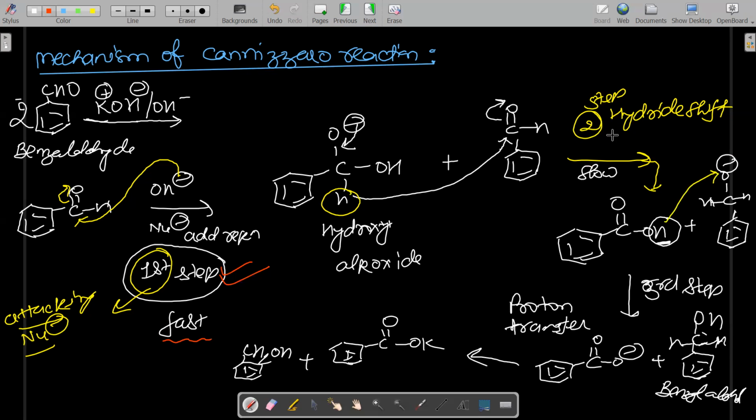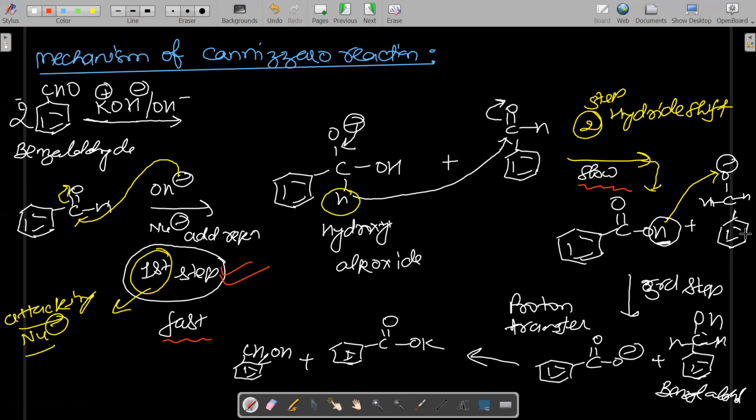The second step is the hydride shift reaction, which is the slow step, and you know the slow step is the rate determining step. Further, what product are we getting? The double bond O and OH, and this H will be shifted to this carbon.